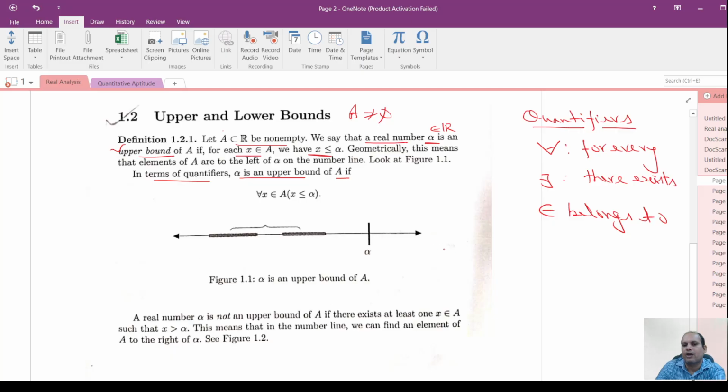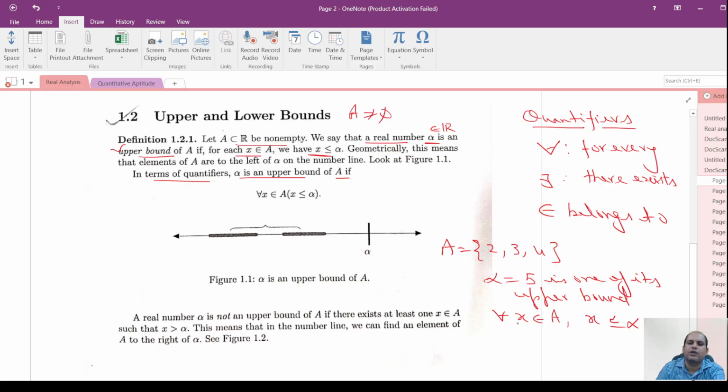For example, for the sake of explanation, let A be equal to 2, 3 and 4. Then I can say that alpha equal to 5 is one of its upper bounds. Why? Because for every x belonging to A, x has to be less than or equal to alpha.